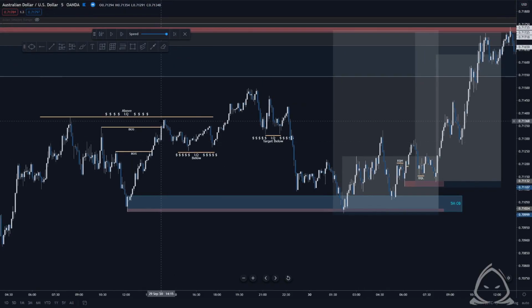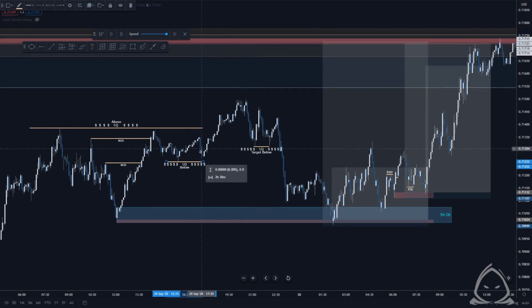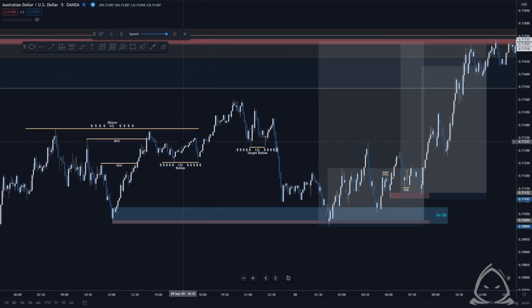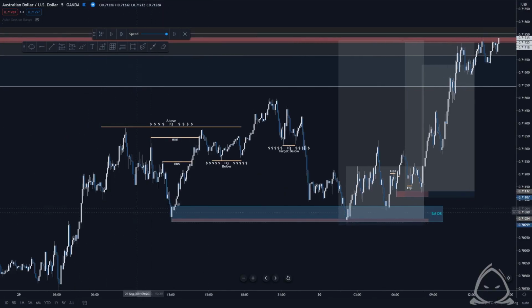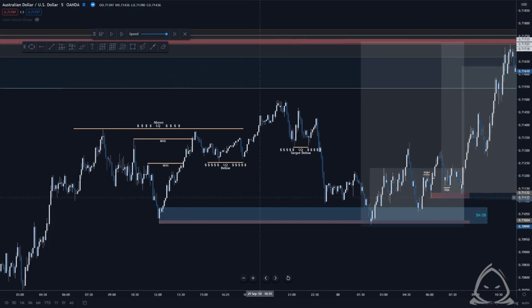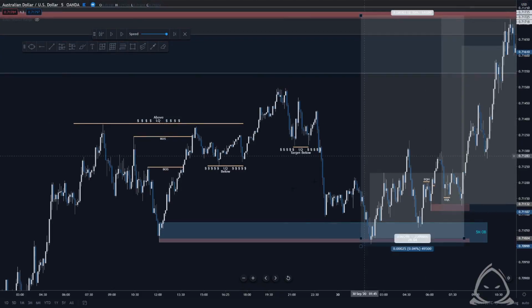And then price continues to make these liquidity zones right here, equal lows, a little bit of structure, and then we see price break these structures and take the liquidity, giving us a little bit higher chance that these order blocks will work out, right? This is my setup. Screenshot it, print it, do whatever you want.